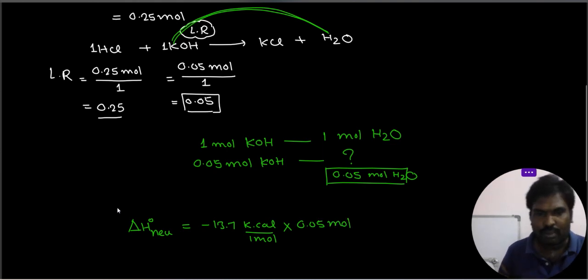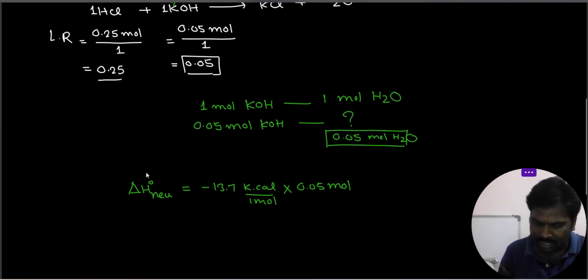For 0.05 mole water, how much energy is released? 13.7 into 0.05. What is the answer? So minus 13.7 into 0.05. What is the value? Minus 0.685 kilocalorie. Understood or not?